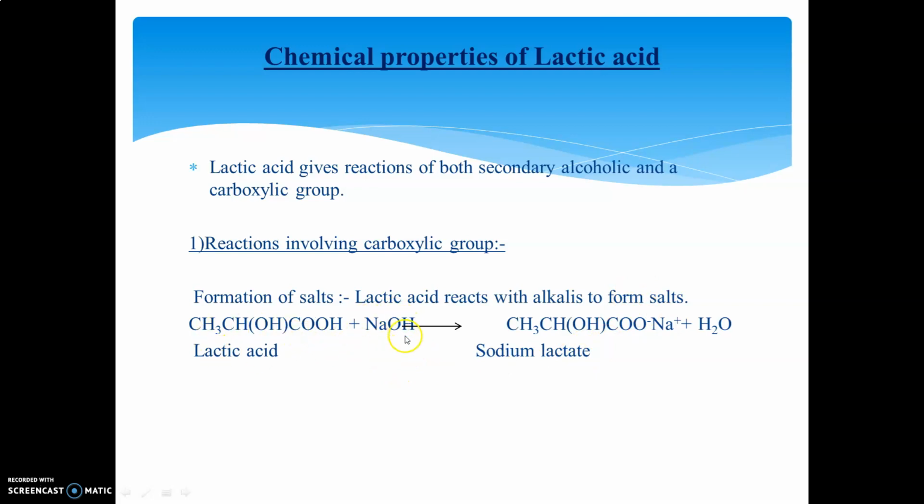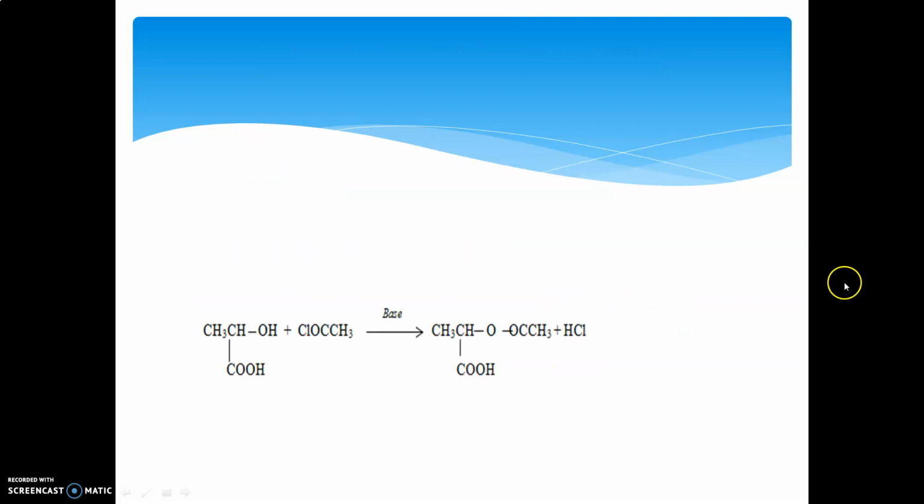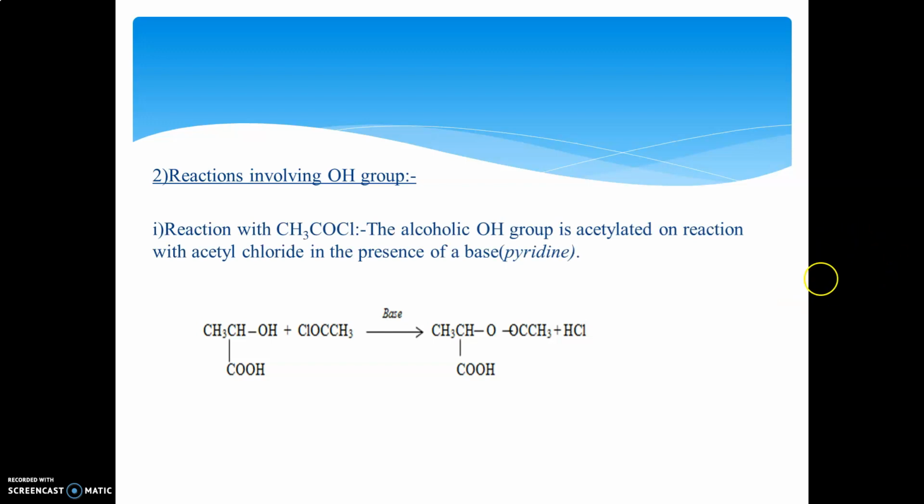Lactic acid reacts with sodium hydroxide to give sodium lactate. The second reaction involves the OH group. Lactic acid reacts with acetyl chloride. The H of OH is replaced by an acetyl group.